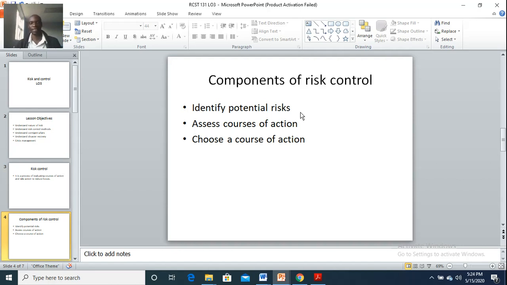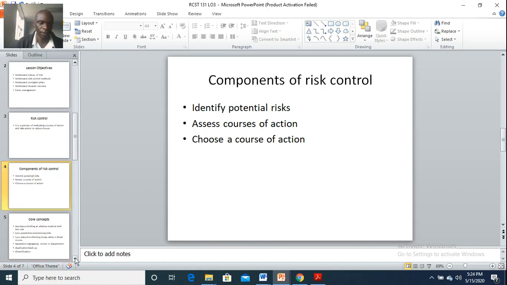That is, you choose the best action to take. You'll be having a list, then you should pick the best. You don't just say, I'm using this way to solve the risk.